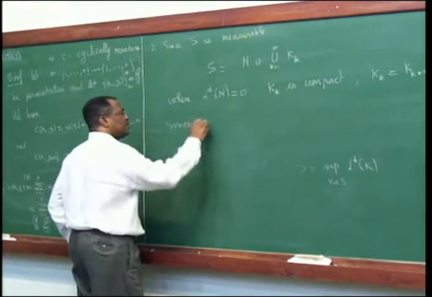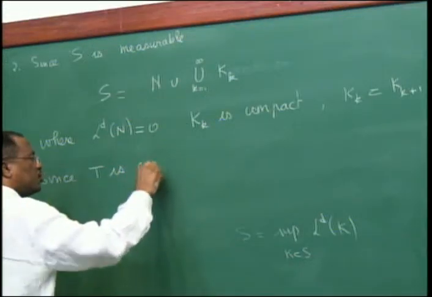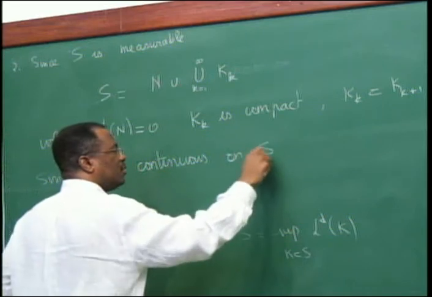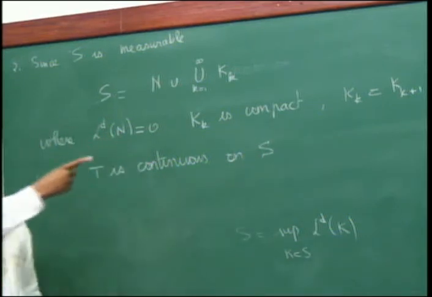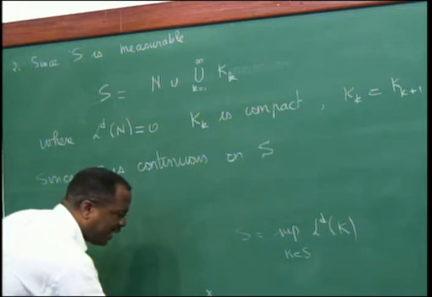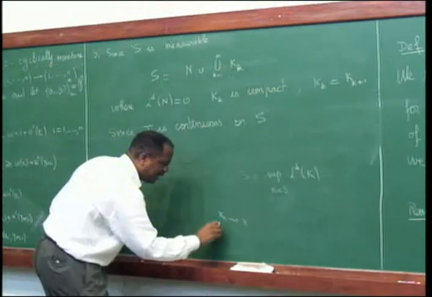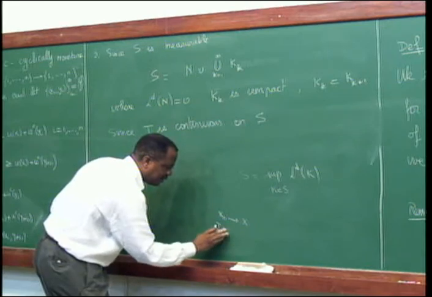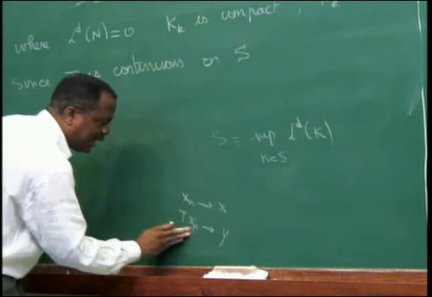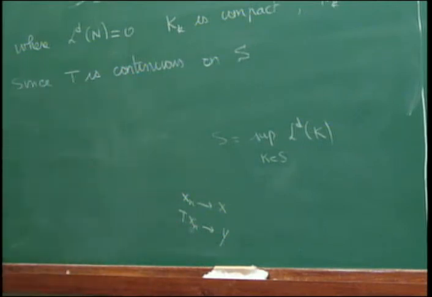Since T is continuous on S, if you don't remember how we proved that, let me recall briefly why T is continuous. I take a sequence x_n going to x, T of x_n going to y. And I want to know if y is T of x.